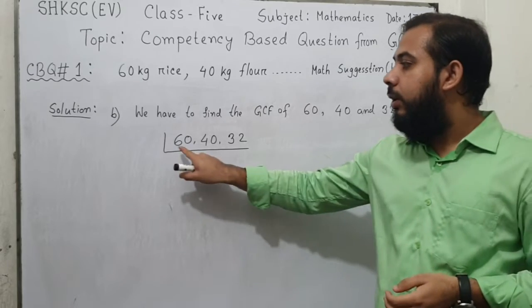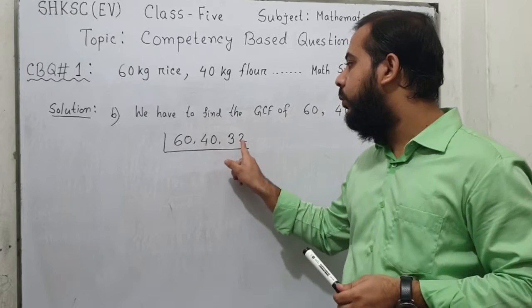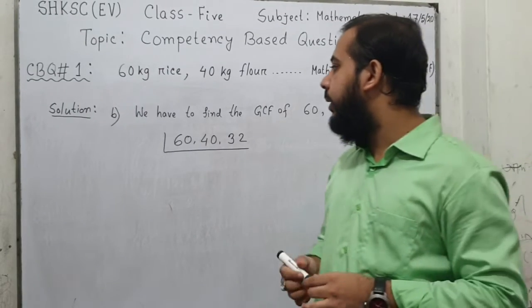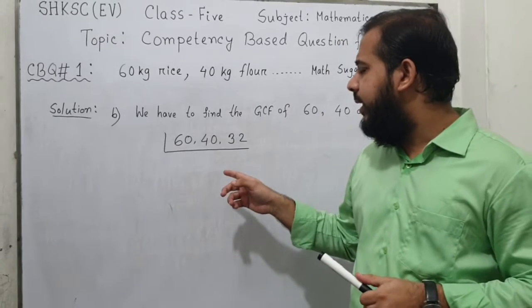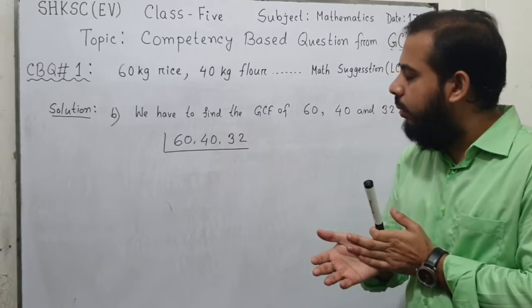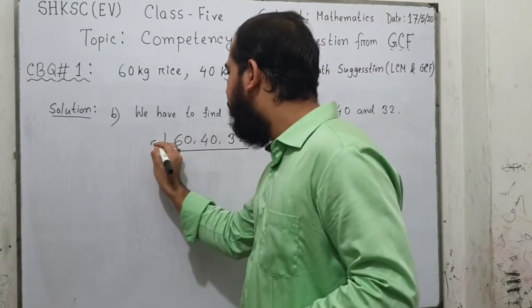For example, if we divide by 2, all are divisible. Let's see, 2.